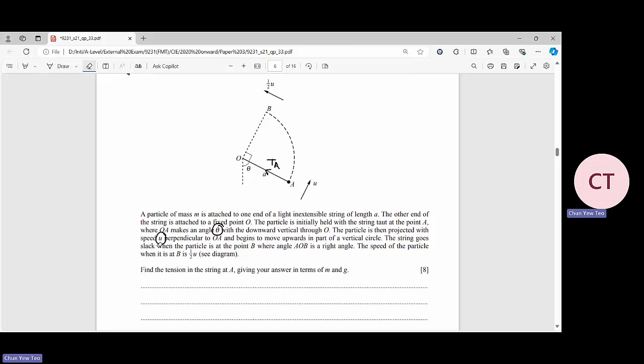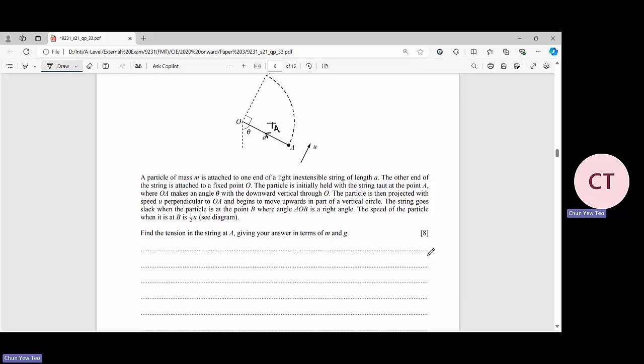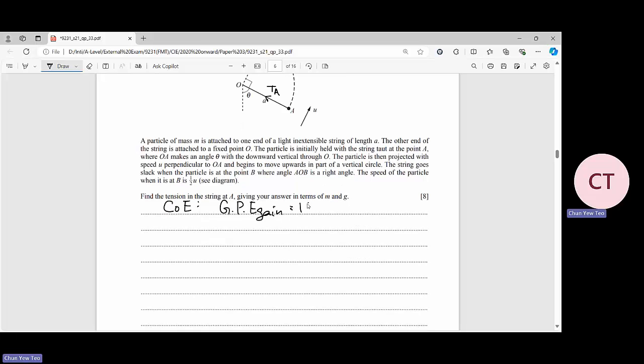Okay, so this over here is vertical circular motion. So usually I will start from the conservation of energy, COE. So COE over here, we have GPE gain equal to KE loss. So you have mgh equal to half m of u squared minus v squared.